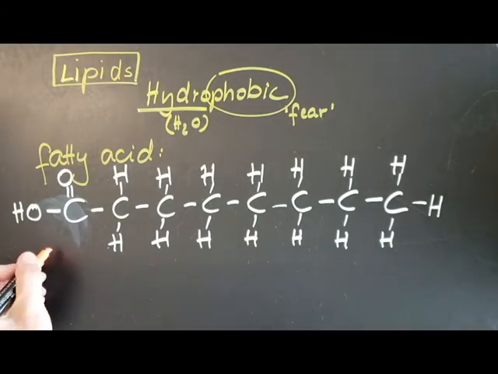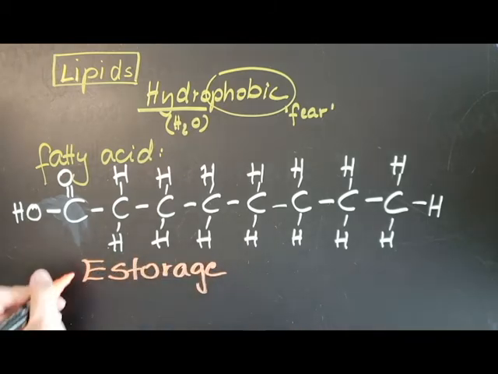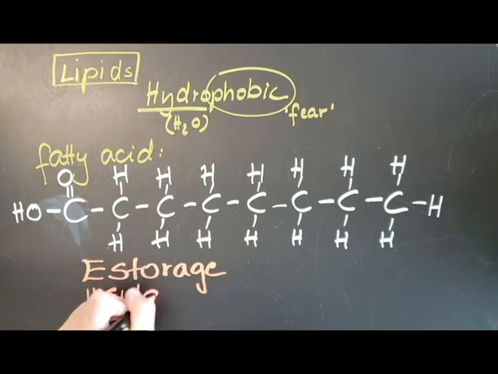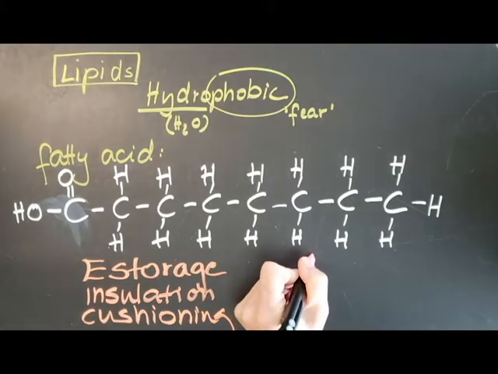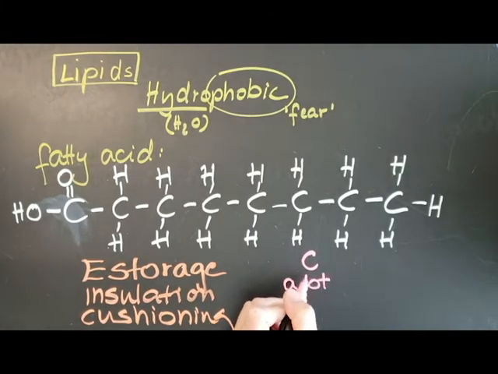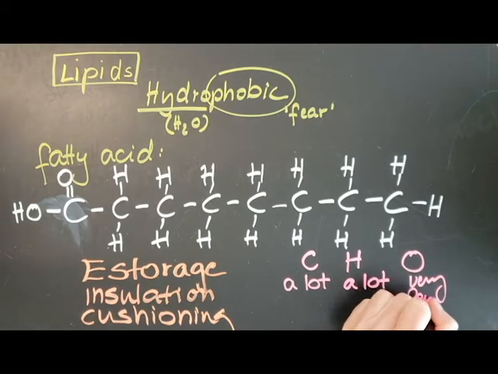And what we notice in here, there are tons of carbons, hydrogens, and oxygen. The function is as energy storage, as well as insulation and cushioning. Please focus on tons of hydrogen and carbon and barely any oxygen in the molecule.